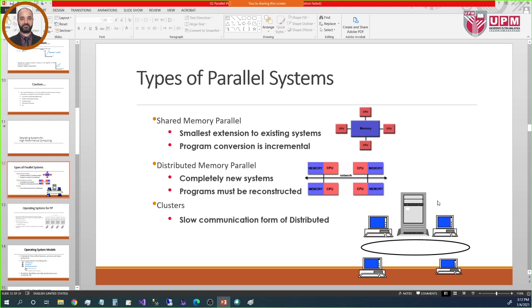So for example, suppose they use 4 machines and one controller to serve as web servers.